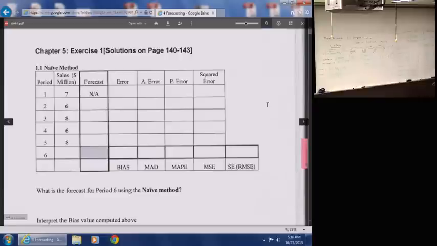Okay, just to review. Model evaluation. Basically, you try to evaluate which model is better, right? And you have 6 judges. Bias tells you to average all the errors, and the closer to 0, the better. MAD, MAPE, MSE, SE, the lower the better.